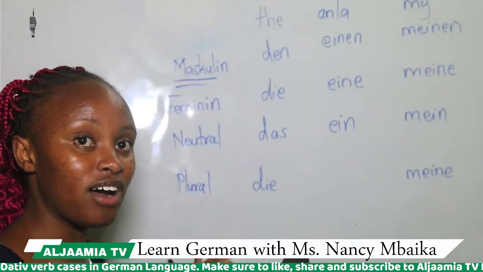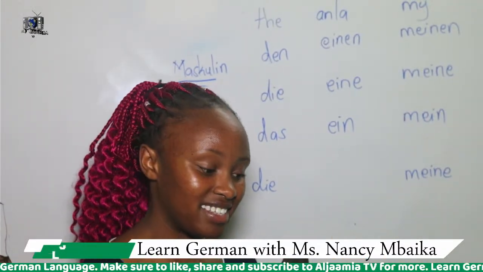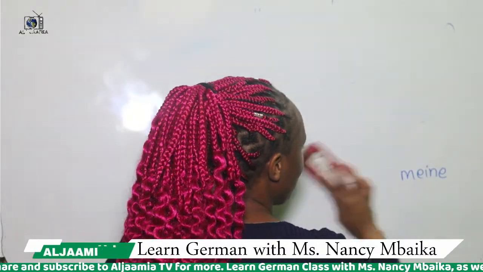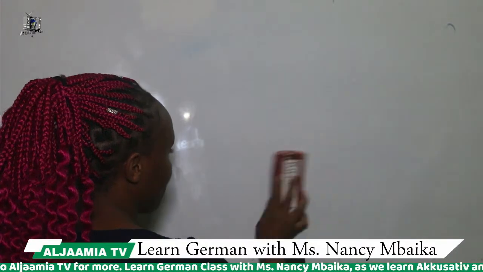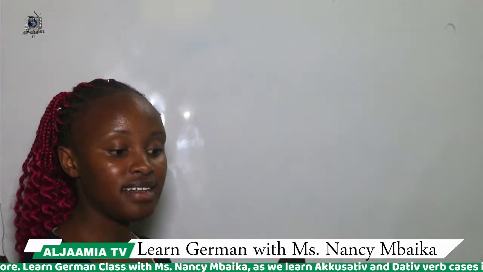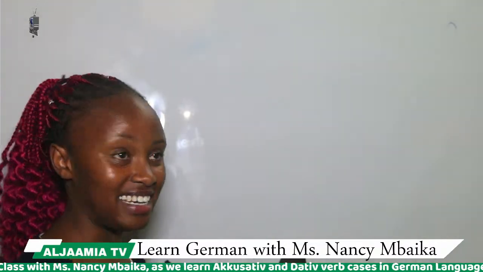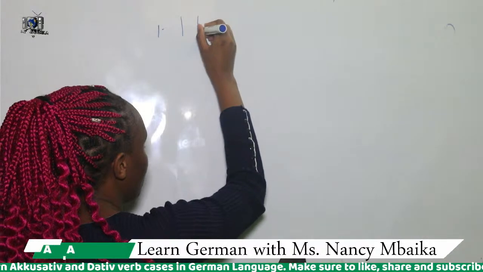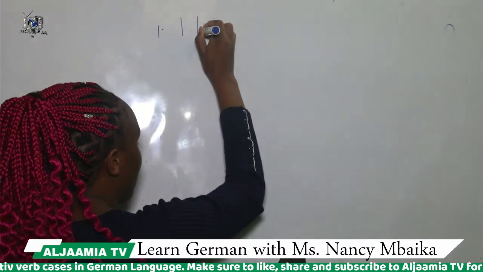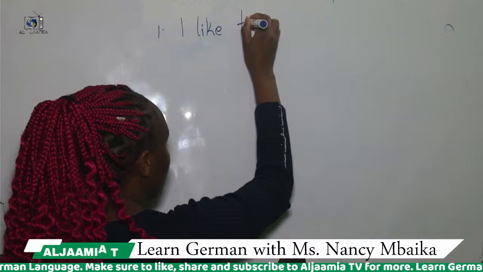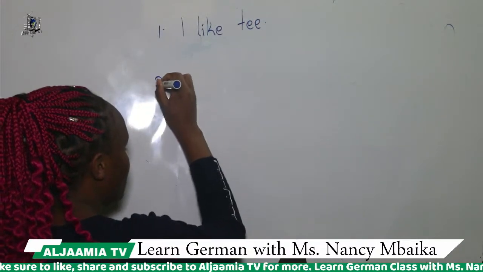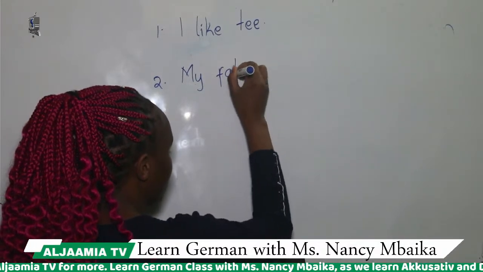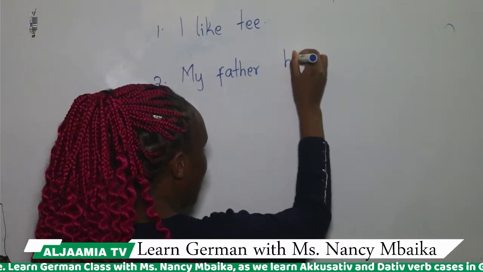Let us put some sentences down so that you can understand the accusative case. So I want to say, I like the tea. The second one, I want to say, my father has a dog.